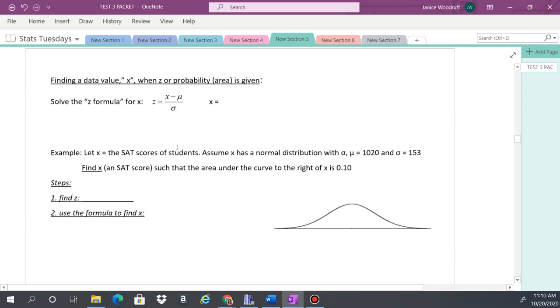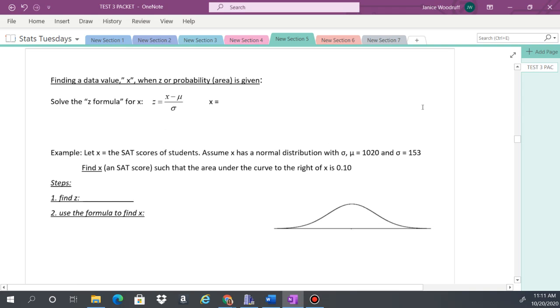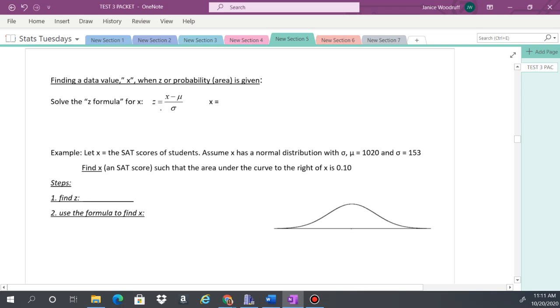All right, so to find a data value of x when a probability is given. If I take the z formula and solve it for x, I'm going to get x by itself, so a little bit of algebra here. I'm going to want to multiply by the standard deviation on both sides. So I'd have z times the standard deviation.